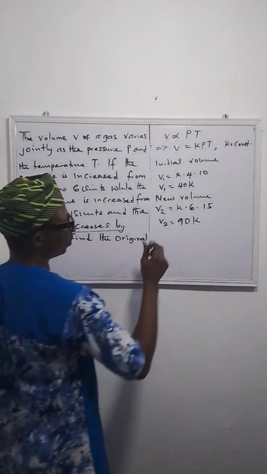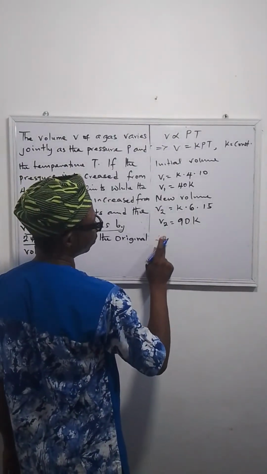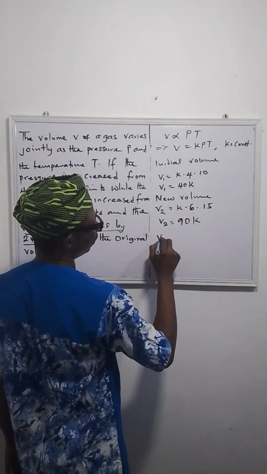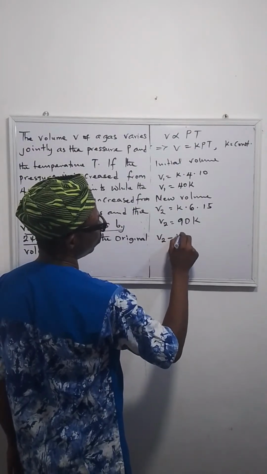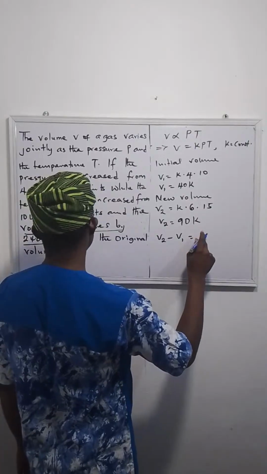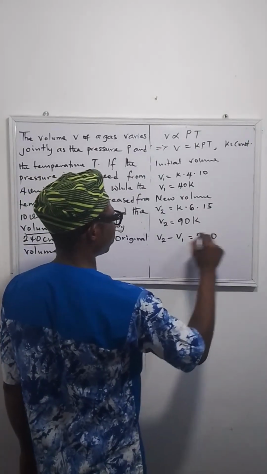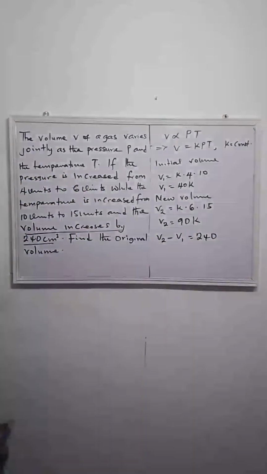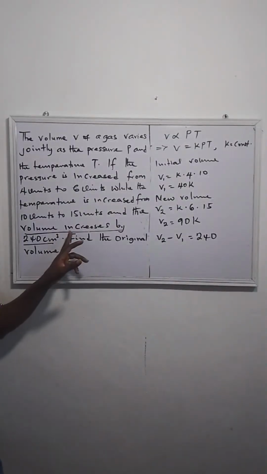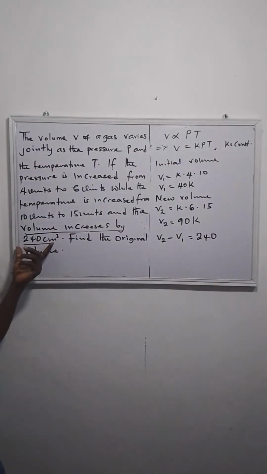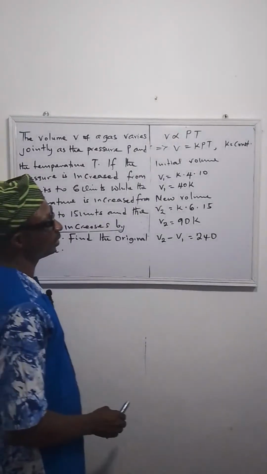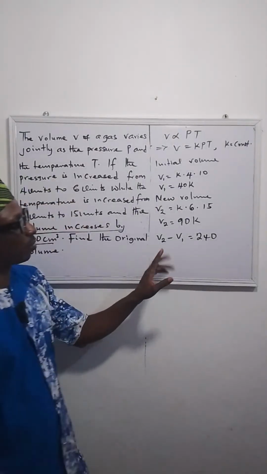So we have V2 minus V1 will give us 240. That's what the question is saying, because it increases by this. Now don't forget what we want to get.